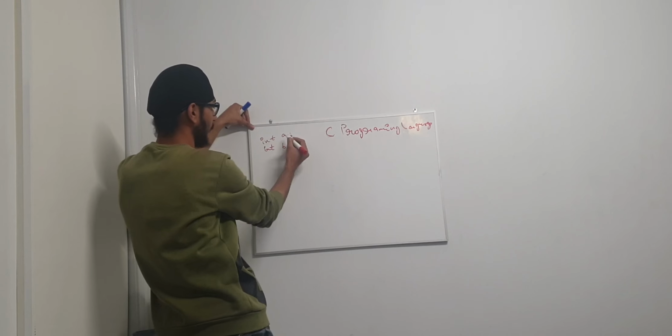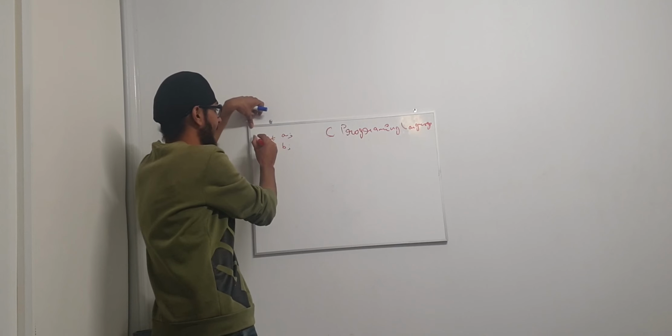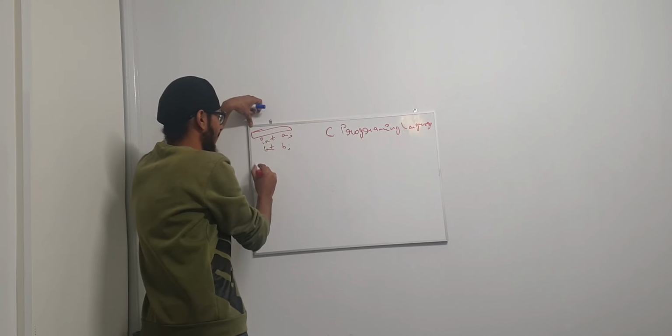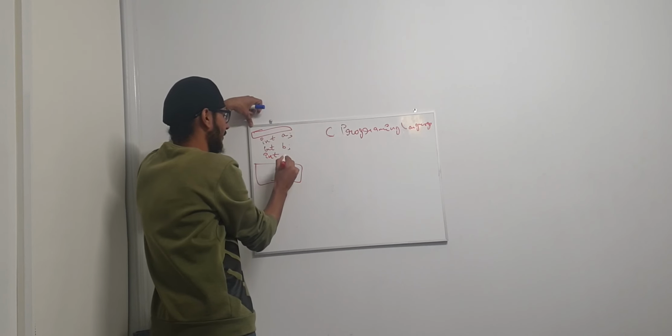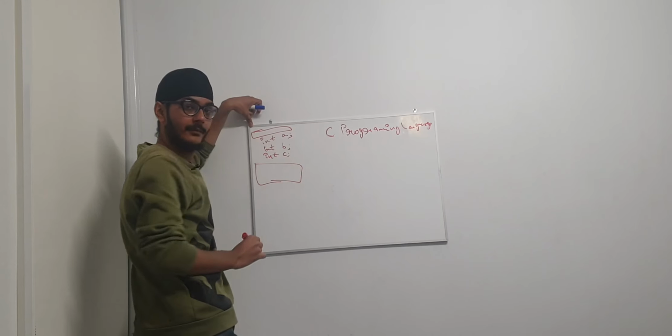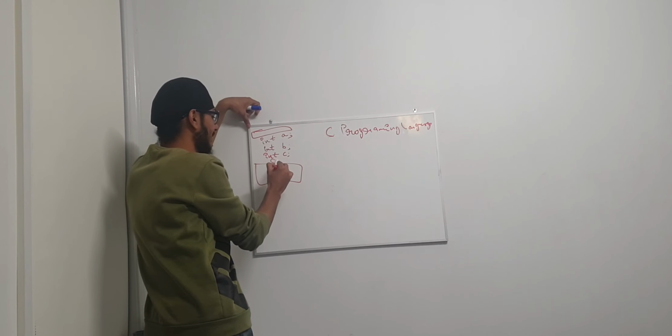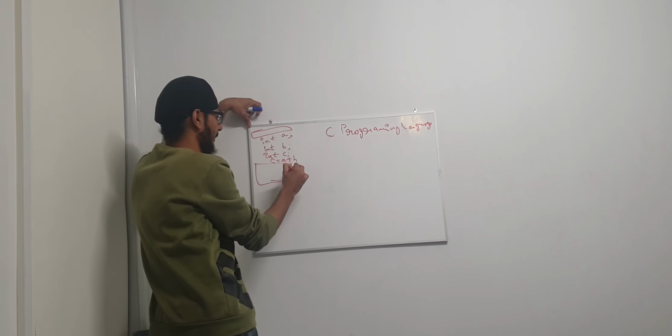We just give these two instructions. Whatever is over here, we don't care. We say int c, and then we say c equals a plus b.